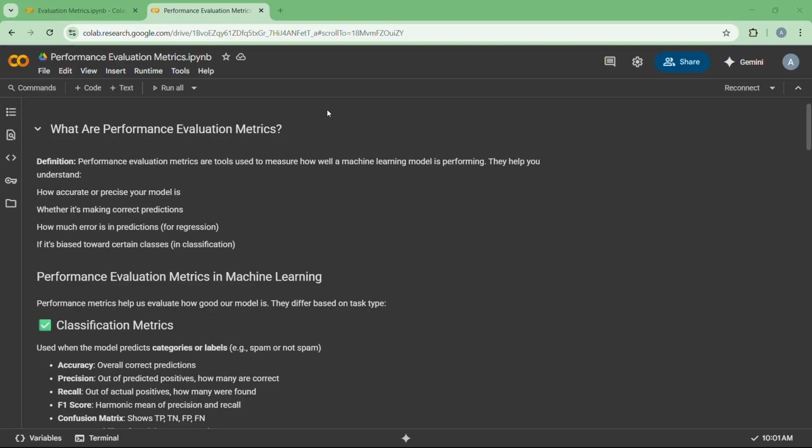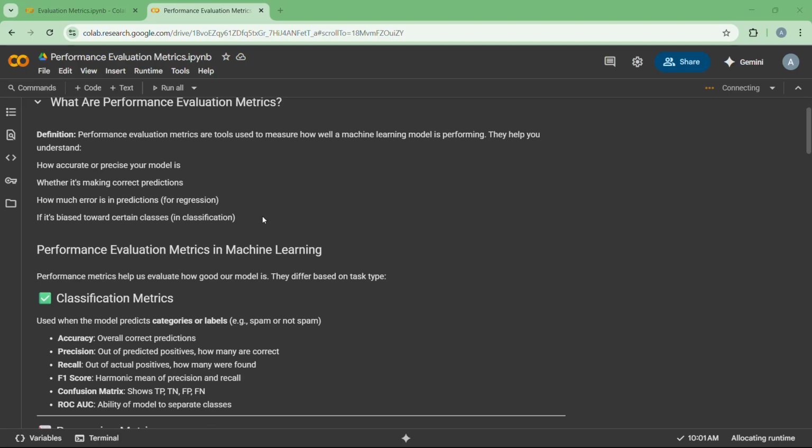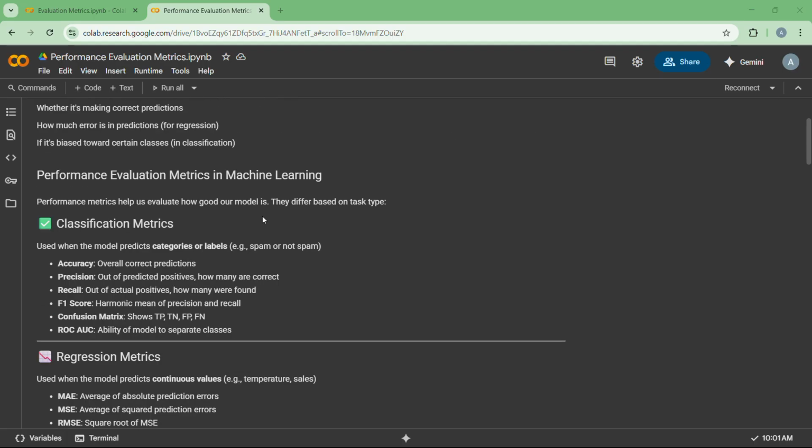They help you understand how accurate or precise your model is, whether it makes correct predictions, how much error is in the predictions, and if it is biased towards certain classes. Some are used for regression and others are used in classification. So performance metrics help us evaluate how good your model is.